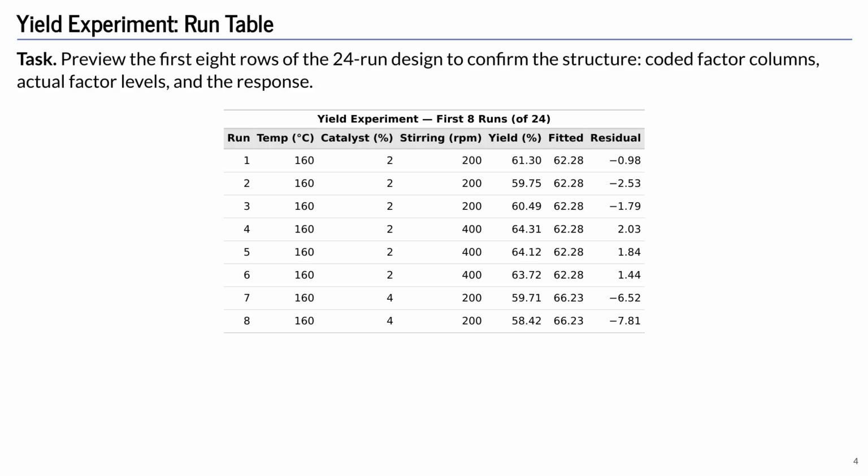The first 8 rows of the 24-run table show the pattern. Runs 1 through 3 are all at 160 degrees, 2% catalyst, 200 RPM, the low corner, and the 3 measured yields are 61.3, 59.8, and 60.5%.